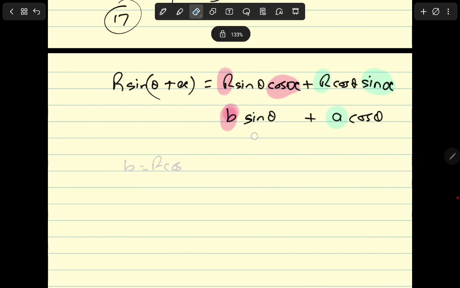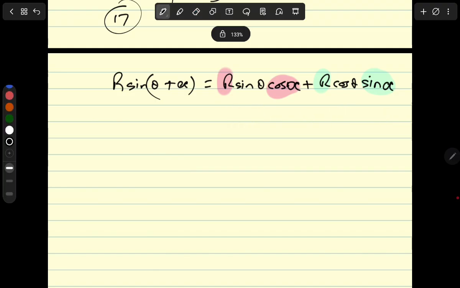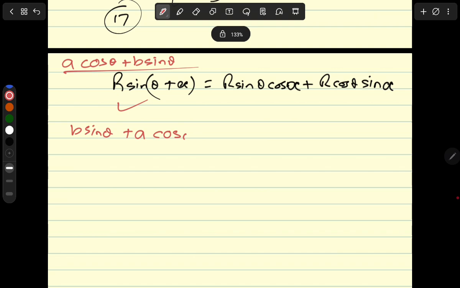Sorry, did I write it down correctly? Okay, sorry, I think I made a mistake here. Let me do it correctly. So we had to convert a cos theta plus b sine theta into this form. Okay, so first of all, I converted this into b sine theta plus a cos theta.